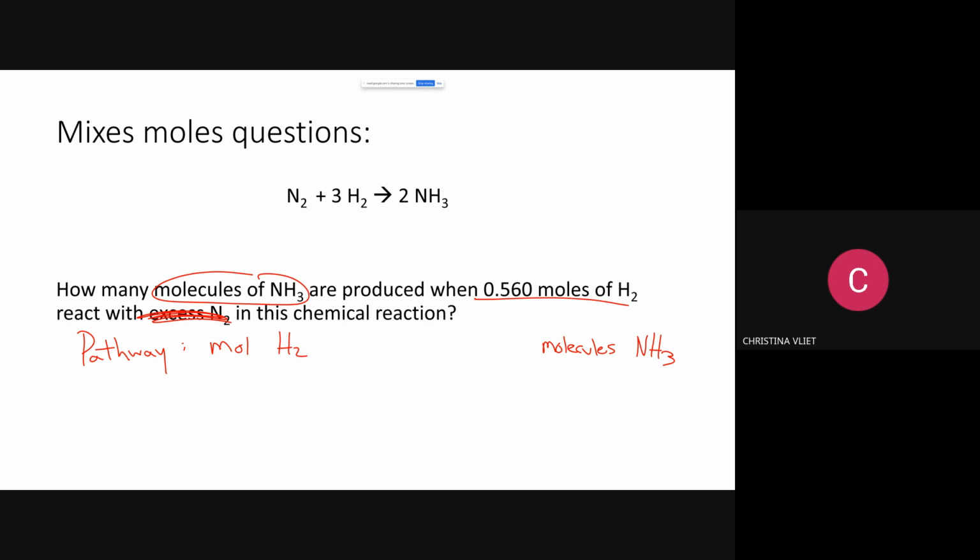Can we go directly there in one step? The answer is no. Because you first have to switch out of hydrogen into the compound you are looking for. So you have to do stoichiometry first. So you go moles of H2 to moles of NH3. And then once you have moles of NH3, then you find the molecules of the same thing.